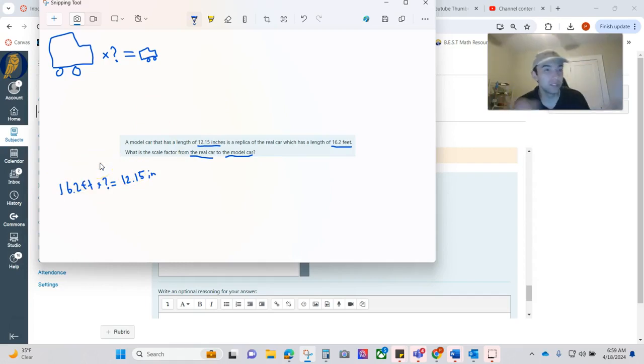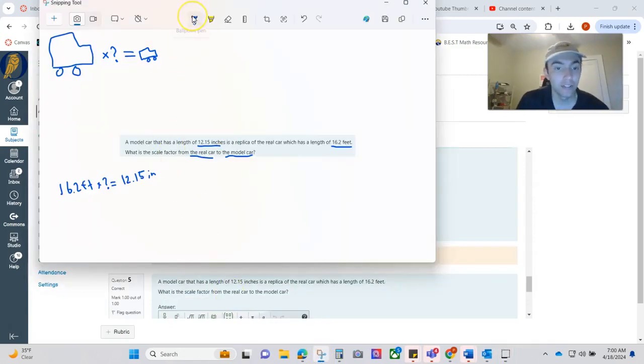They're apples and oranges. We can't do math with them. But if we turn these feet into inches, then I think we can.